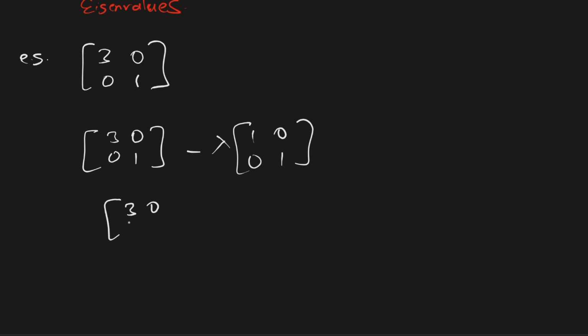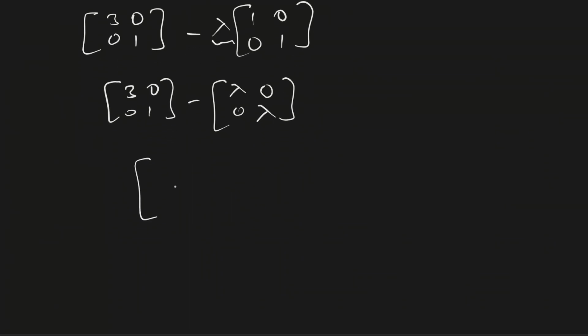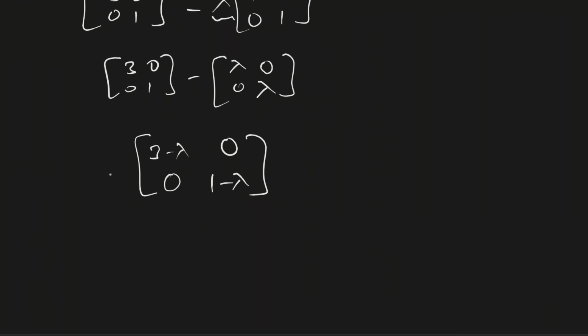The next procedure is multiplication of a number with a matrix, so I multiply lambda with each and every term. I'll get [lambda 0; 0 lambda]. And then I'll get [3 minus lambda, 0; 0, 1 minus lambda]. So this is my A minus lambda I matrix.